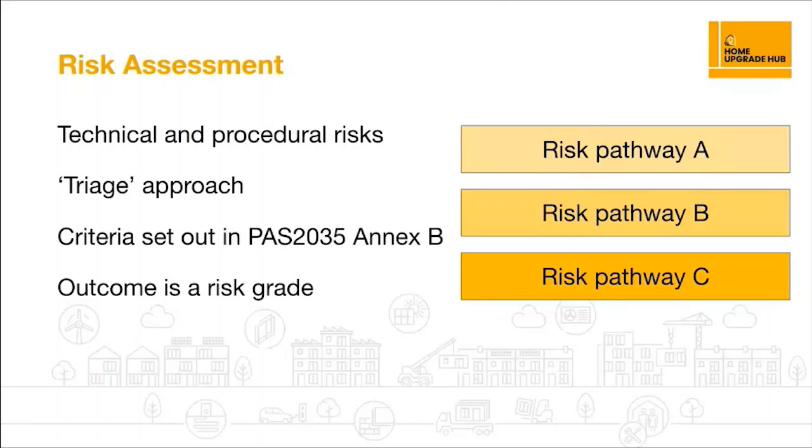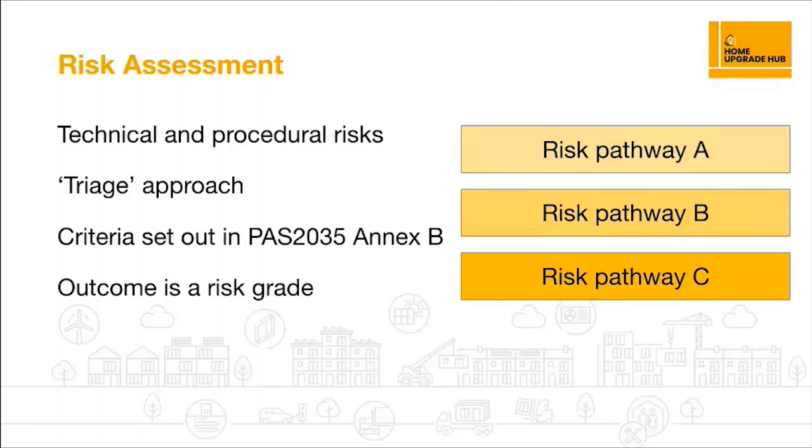So how are you managing the project as a whole? It may be that your project falls naturally into small groups of homes, for example, certain blocks or streets. So it might be possible for you to break them down into smaller projects, which would maybe then put them under a risk pathway B instead of C, but that needs to be carefully coordinated.